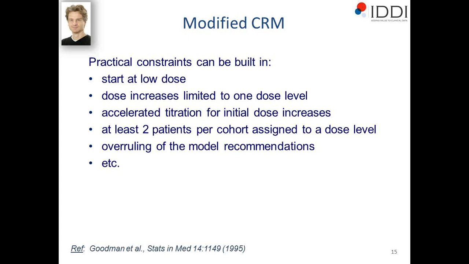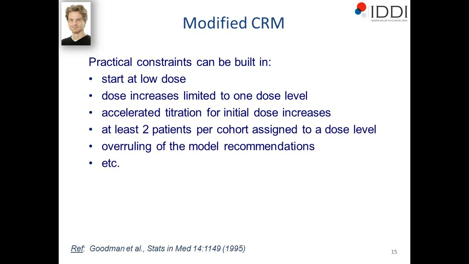And if you are concerned, for instance, that the model could indicate that you have to increase the dose by 2 dose levels and jump to the toxic region, you can limit the increases of the dose for next patients to only 1 dose level, to control the probability of so-called skipping doses.